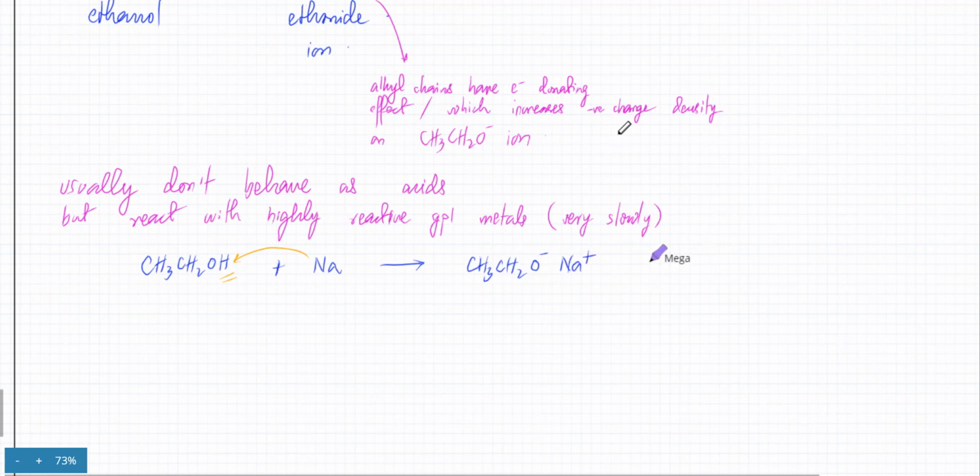And the H that is lost is going to produce a hydrogen gas molecule. Very slowly, so slight effervescence is seen in the reaction. Not a vigorous reaction, just a very, very slight effervescence. Even with sodium, the reaction is very, very slow. Is this clear?